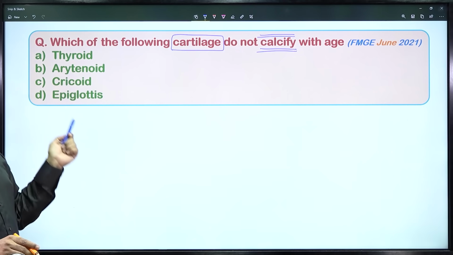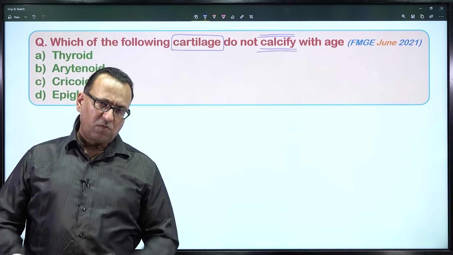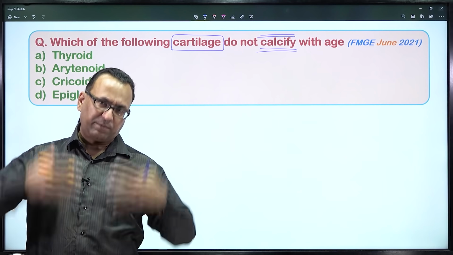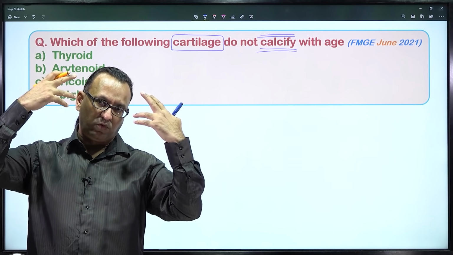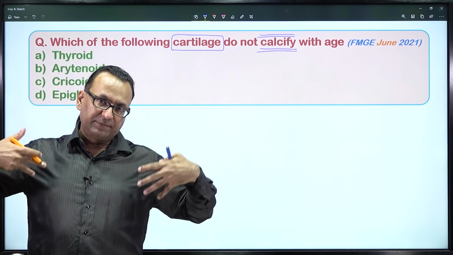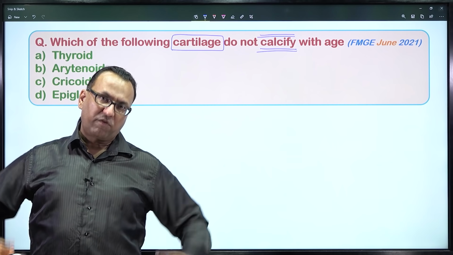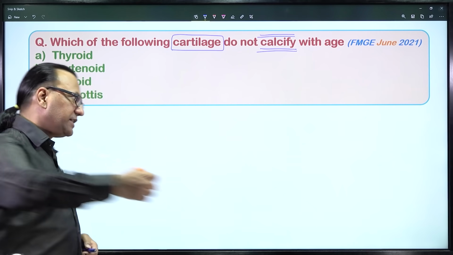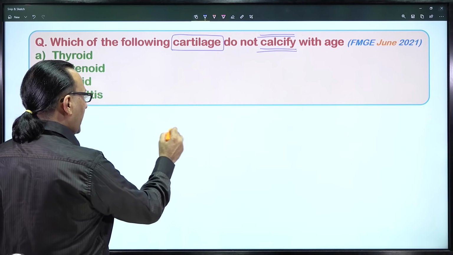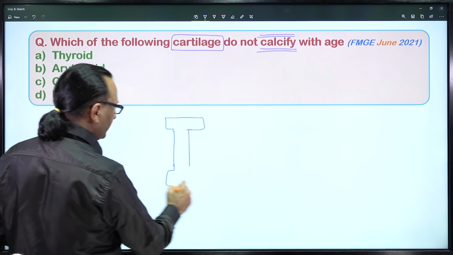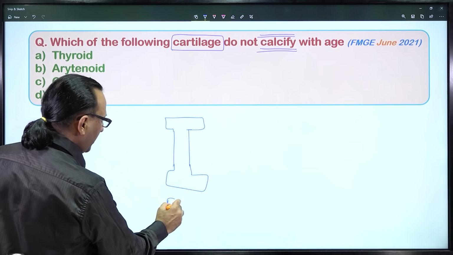Let me first tell you, almost the entire body except a few skull bones and the clavicle bone is developing in hyaline cartilage. Endochondral ossification. The fetal cartilage, if you look at that, you will notice it is all made up of hyaline cartilage.